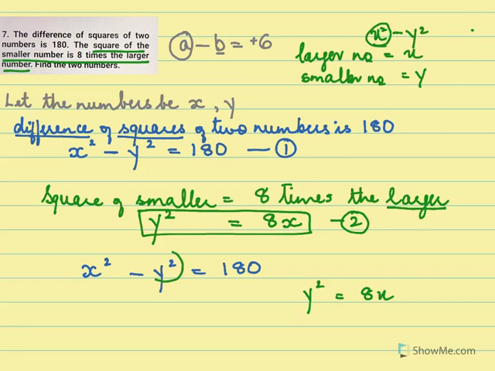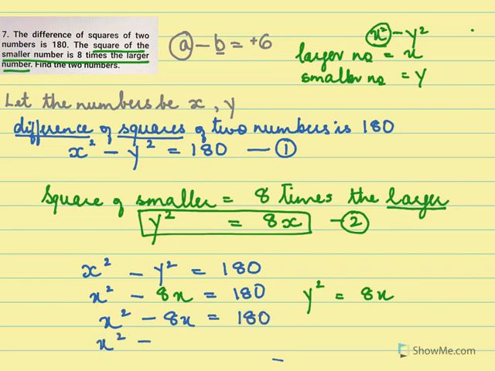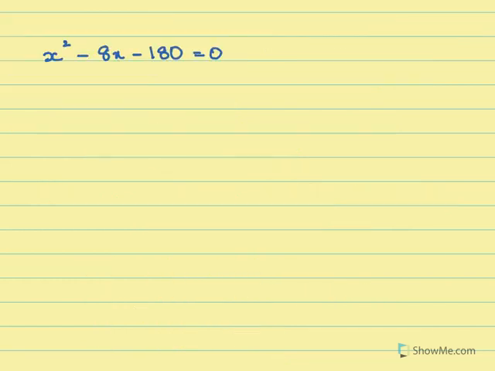So for y square, I can put 8x. Now x square minus 8x equal to 180, which means x square minus 8x minus 180 equals 0.